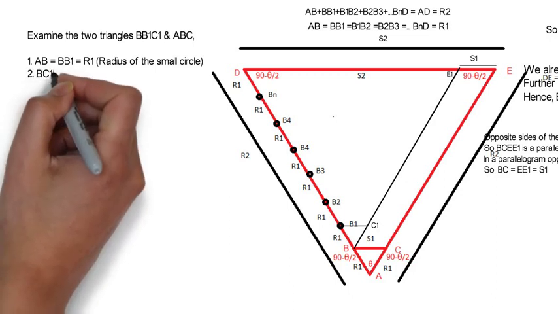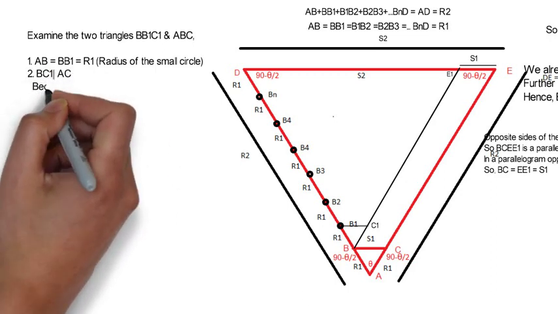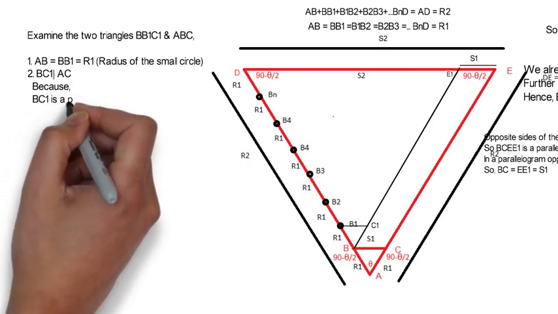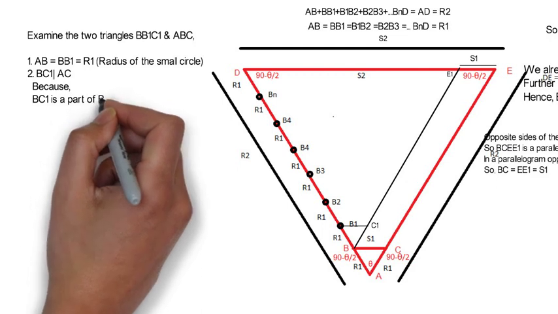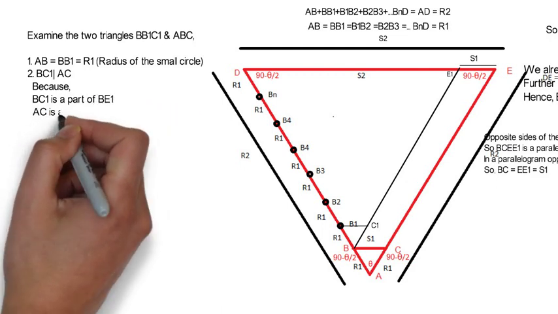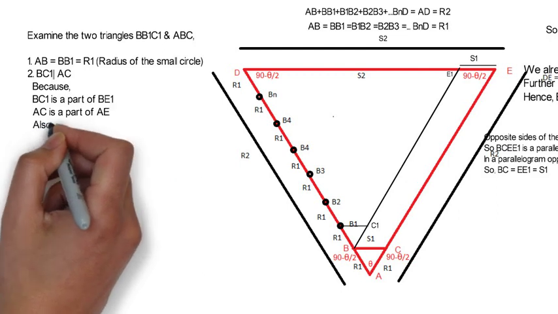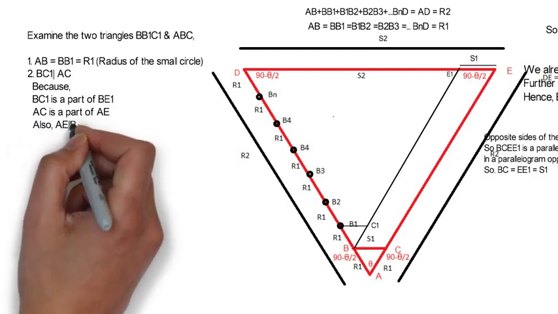Second, BC1 is parallel to AC because BC1 is part of BE1 and AC is part of AE. However, we have drawn BE1 as parallel to AE. So BC1 is also parallel to AC.